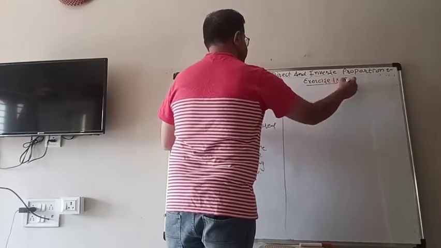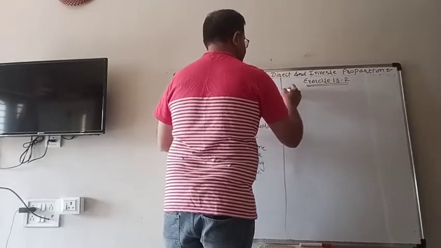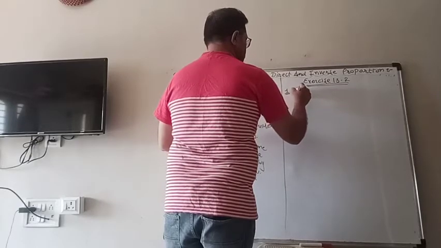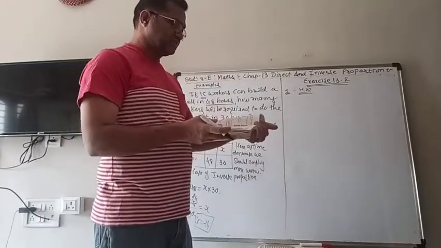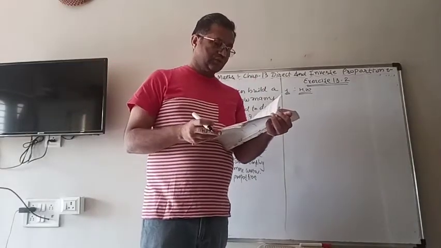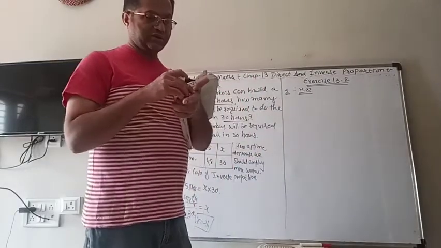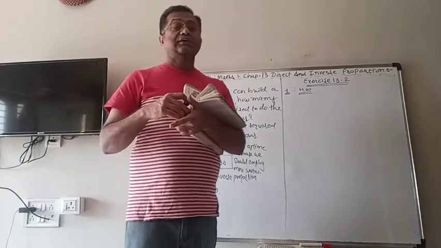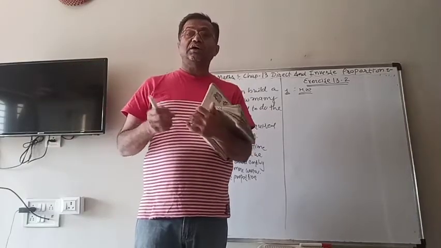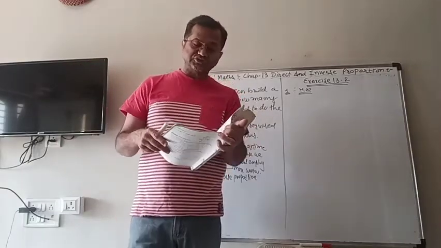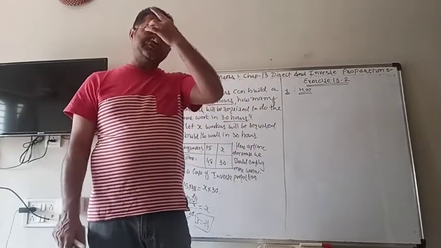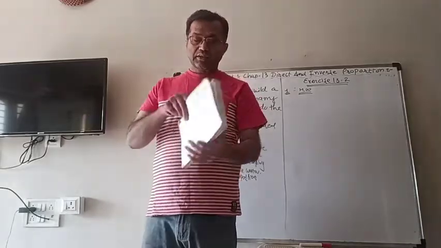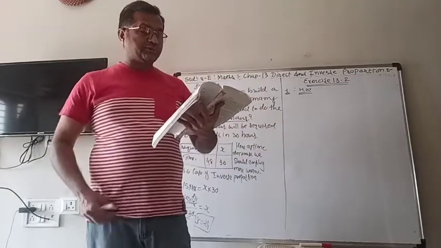Now, in exercise 13.2, question 1 is only the true or false. Not actually true or false, but you have to check whether it is inverse proportion or not. So that I think you can think yourself. Let us discuss some of them.